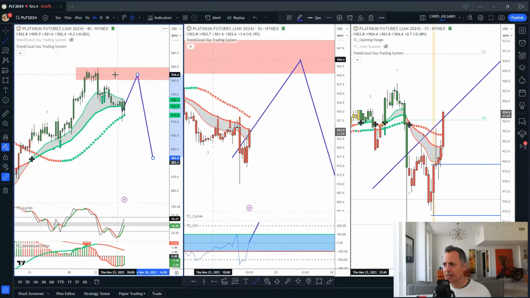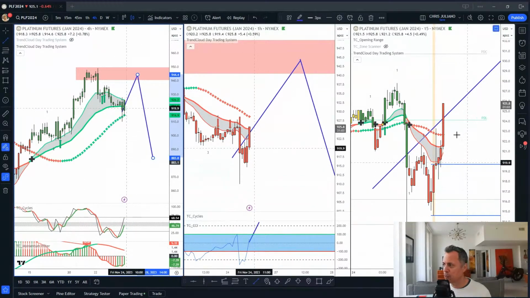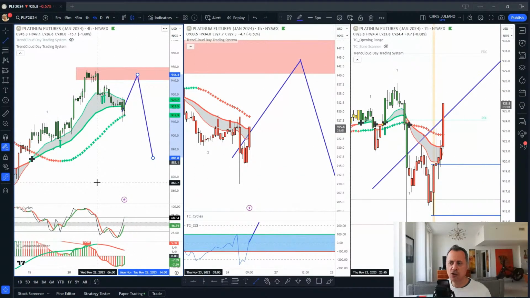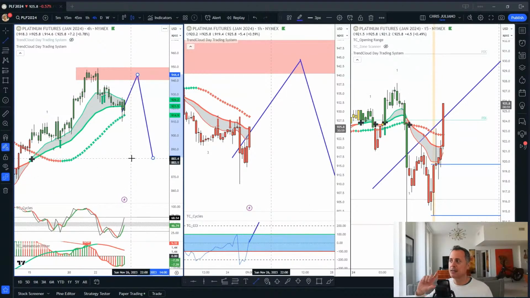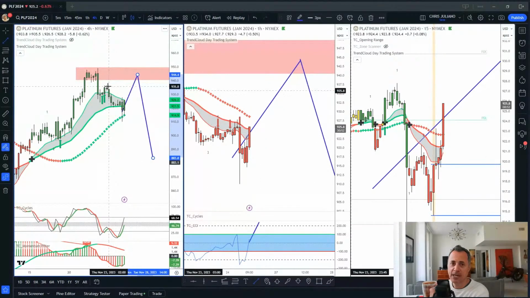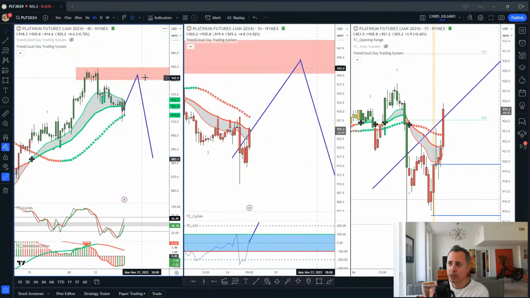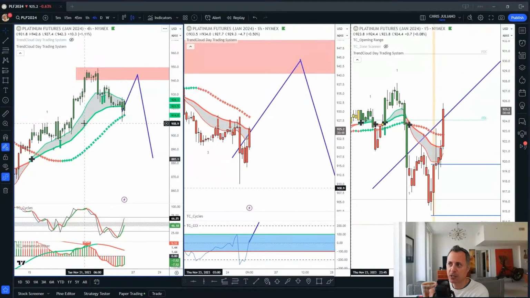So the supply zone is a level of imbalance, and levels of imbalance will outperform anything that's on your chart that is a mathematical equation. So any indicator on your chart, the supply and demand zone, it will outpace it. Okay, it will outpace it. Does that make sense, Hitch?